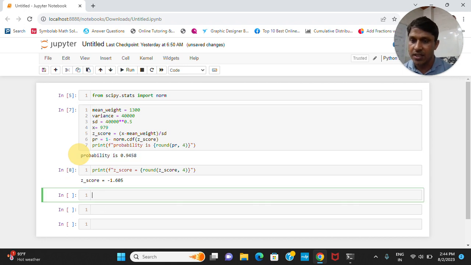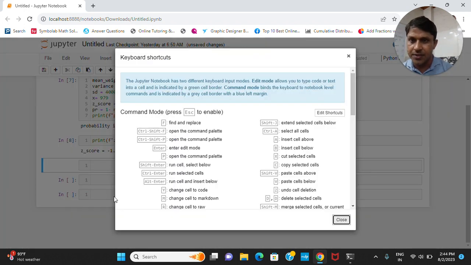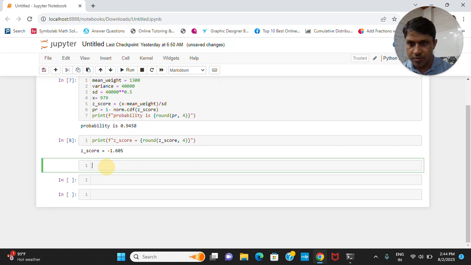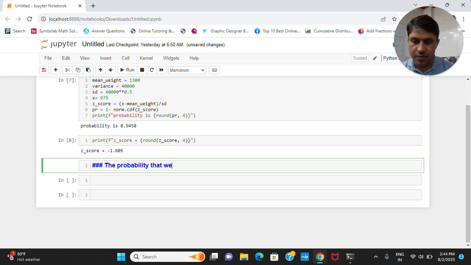So I can write here in the markdown that the probability that the weight of a randomly selected steer is greater than 979 is 0.9458.